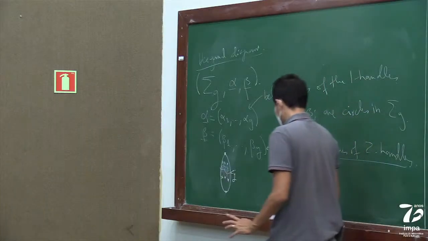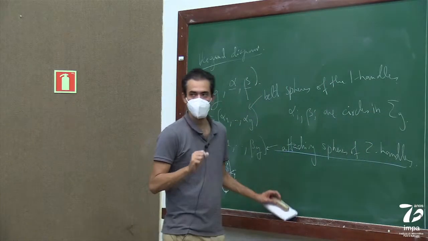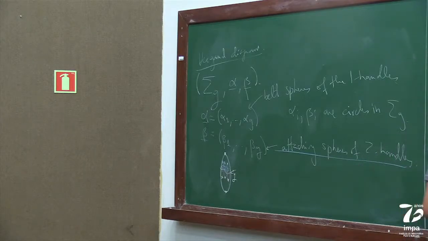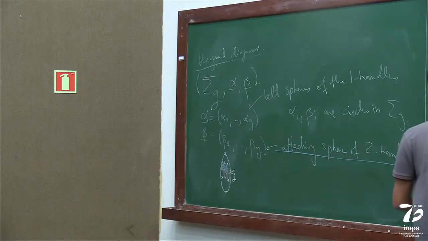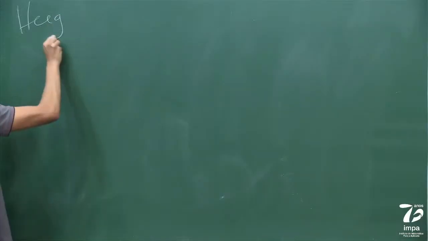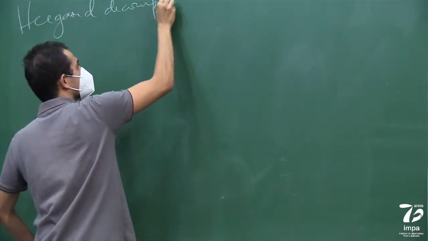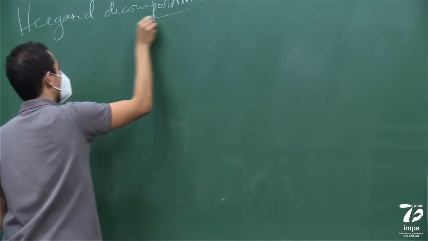And another thing that's related to this is what's called the Heegaard decomposition, which is very similar to a Heegaard diagram. So a Heegaard decomposition is the following.